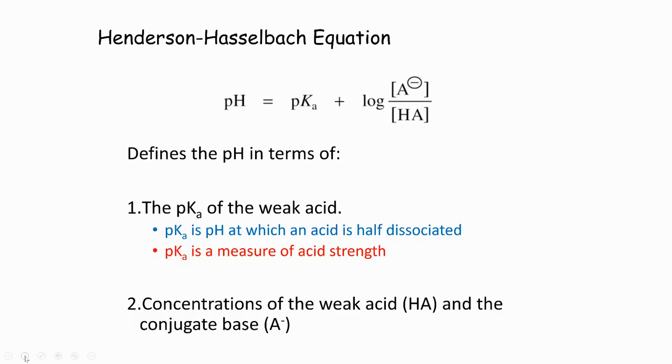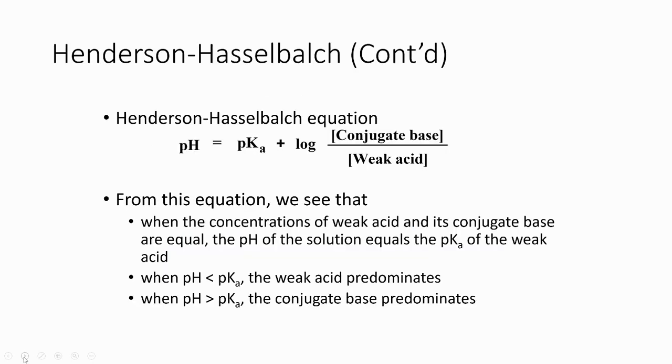All right, so Henderson-Hasselbalch, the pKa of the weak acid is so important, and it's really going to decide which buffer system we use. And the pKa is, of course, a measure of acid strength. And then the pH is determined by the ratio of A- to HA. This I already went through.